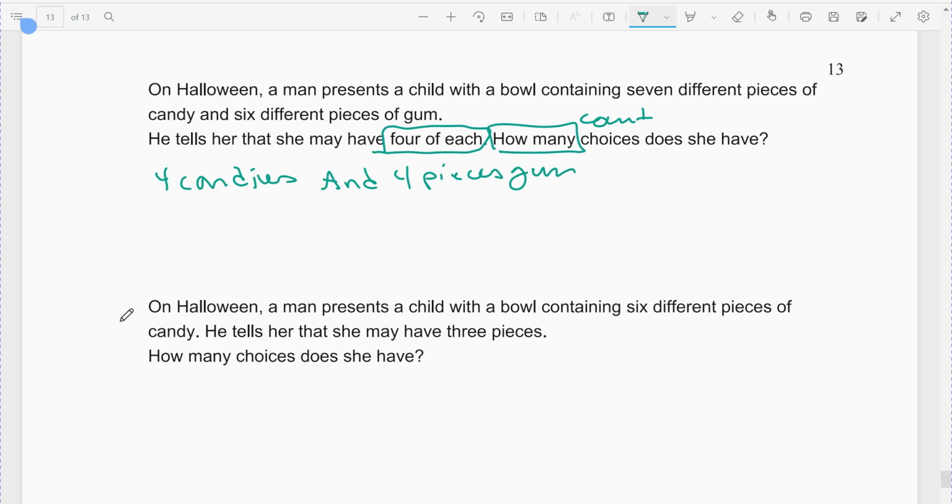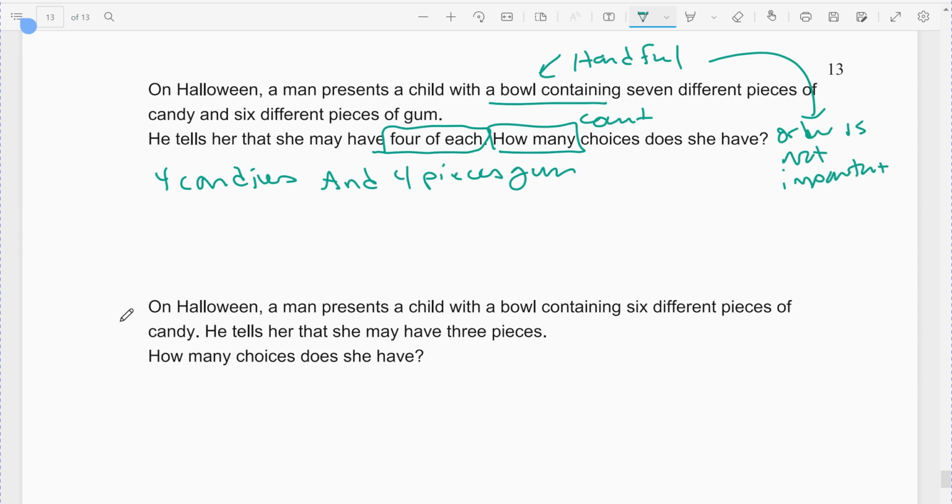Now, if you're reaching in, this is the handful case, right? It's a bowl containing, so this is the handful. The kid is going to reach into the bowl with 7 different pieces of candy and reach into a bowl with 6 different pieces of gum. And so this is the combinations case. It doesn't matter what order you get the candies, you're going to get 4 pieces of candy. It doesn't matter what order you get your pieces of gum, because you get 4 pieces of gum no matter what order. So handful means order is not important.